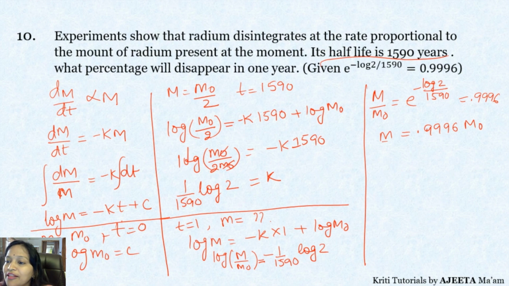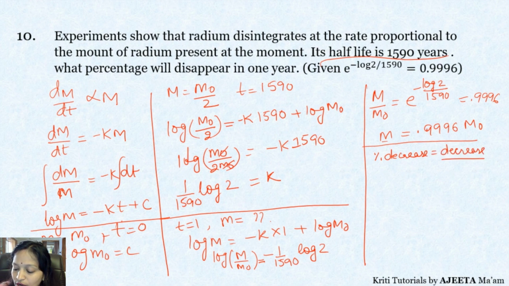So you have to find the percentage decrease. So percentage decrease ka formula, we have decrease upon original into 100. Decrease means you have to subtract the two values now. So m0 minus 0.9996 m0 upon m0 into 100.